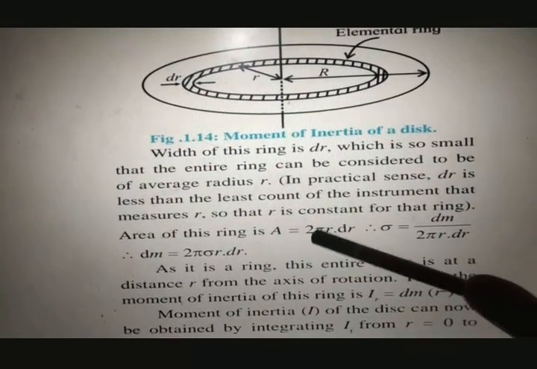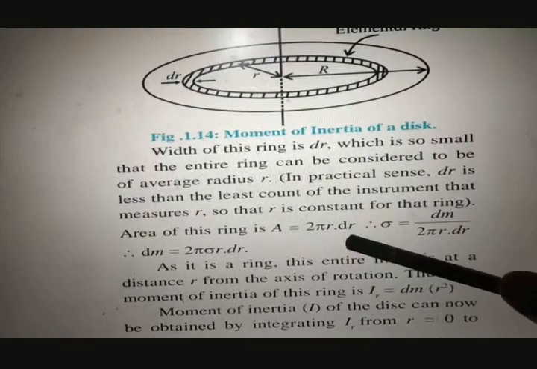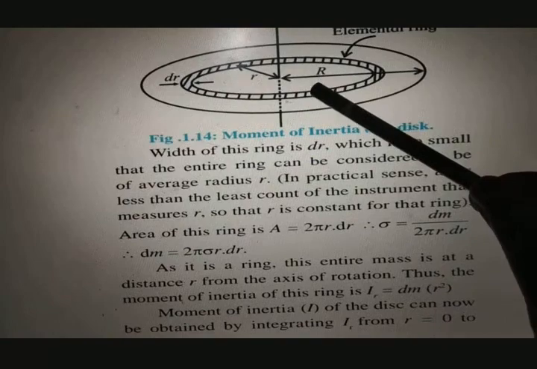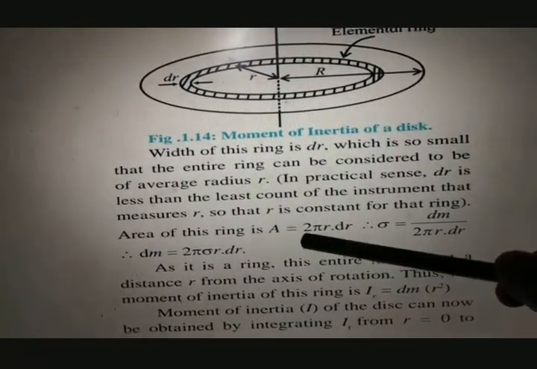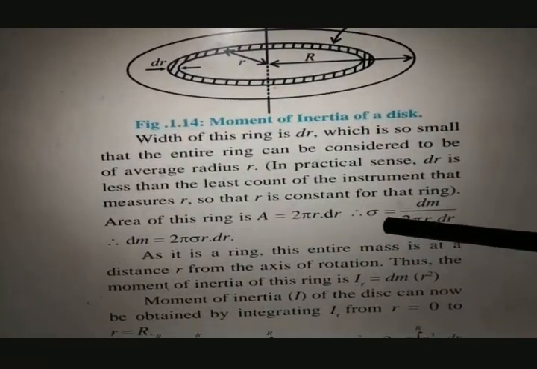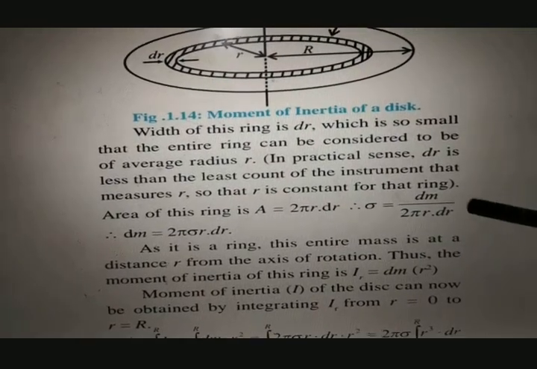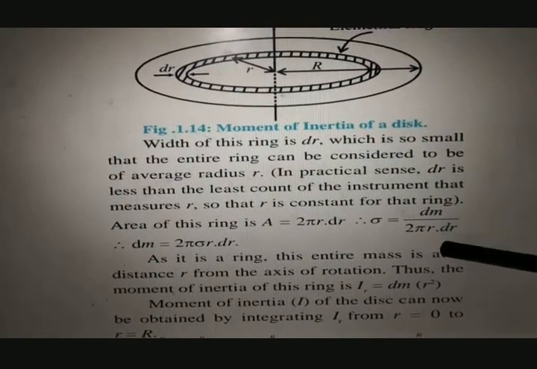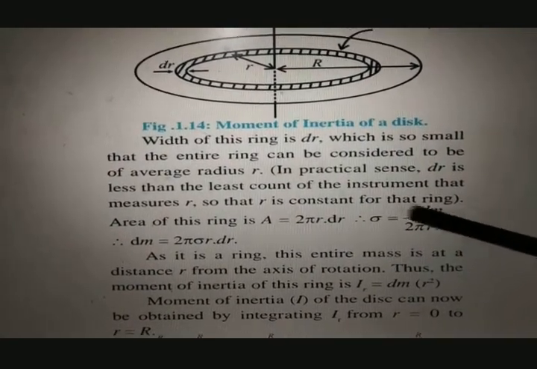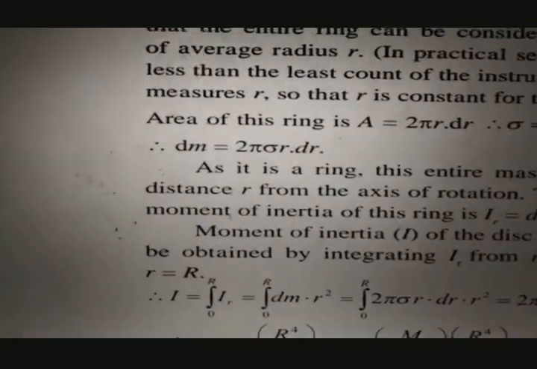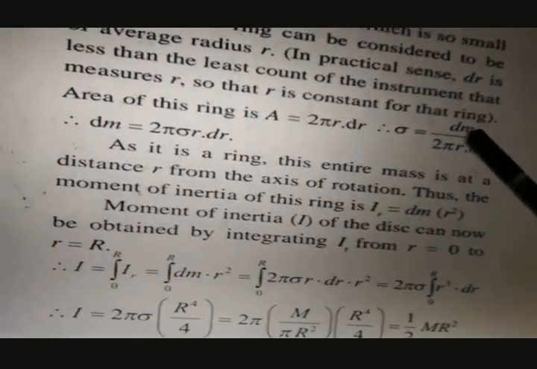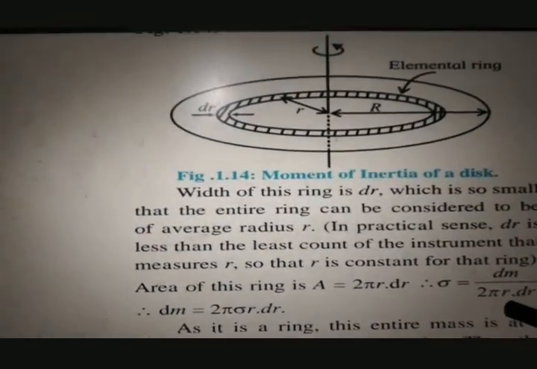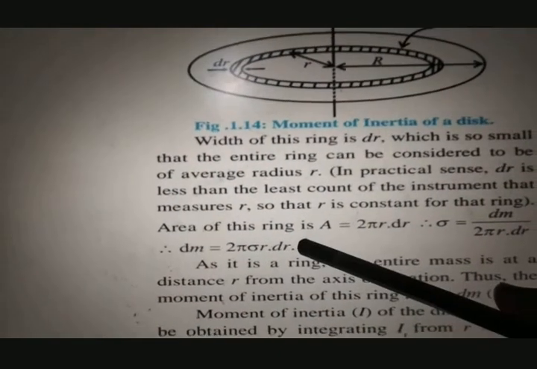That will be 2 pi r, the circumference, into the thickness dr, so 2 pi r dr. Then the surface density is mass upon area, so the mass of this ring, say dm, upon the area 2 pi r dr. From this equation the mass will be given by dm equals 2 pi r sigma dr.